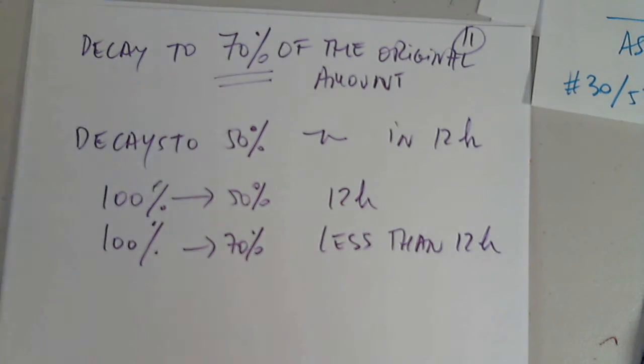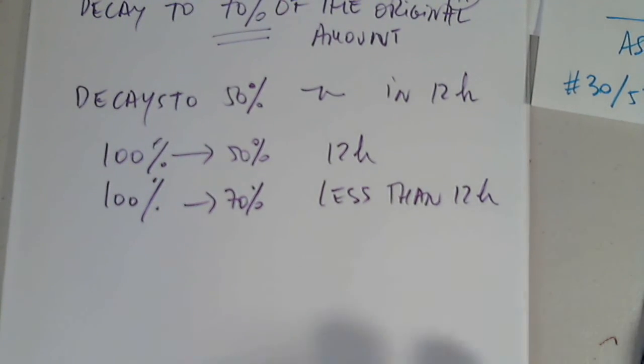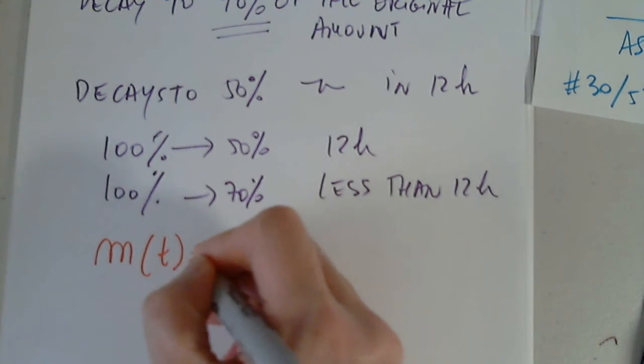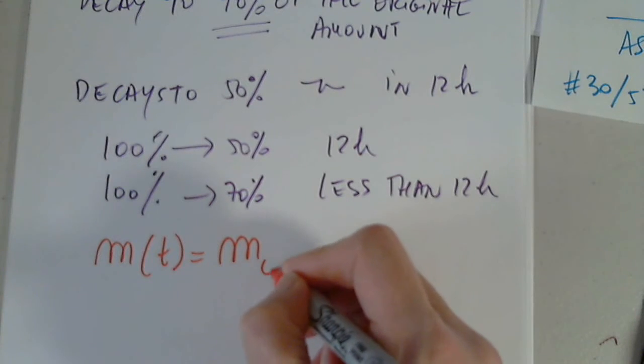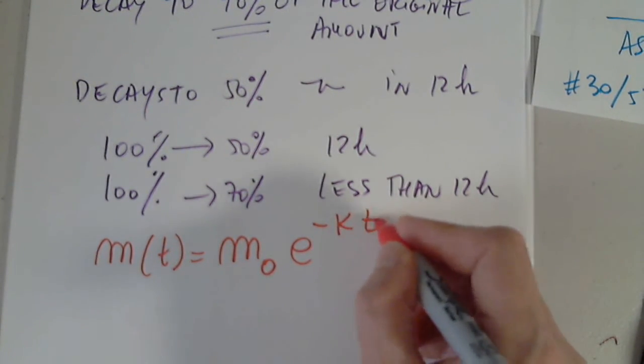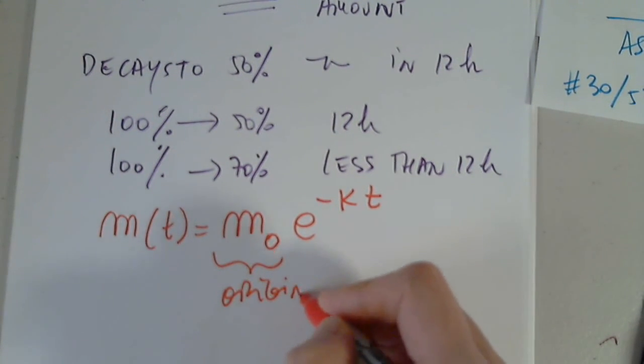Okay. So at this point, you will be given, the problem does not, but you will be given m, mass at time t, equals the original mass, times e to negative kt. Okay, so this is original, of course.